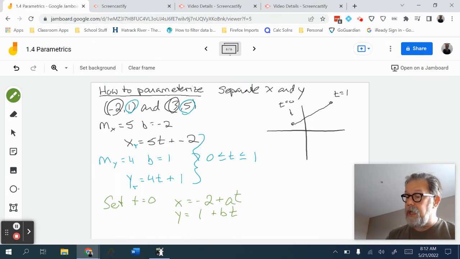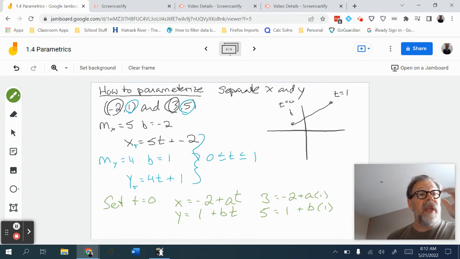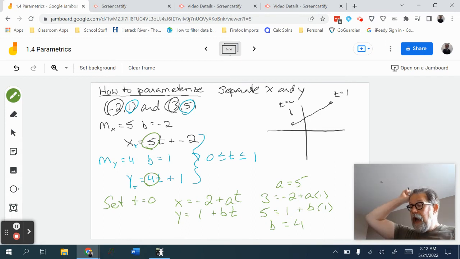And since we want this line to go through 3, 5, then we get 3 is equal to -2 plus a times 1, and 5 is equal to 1 plus b times 1. Notice that we get b equal to 4, a equal to 5, and if we go back to the equations that I originally wrote, a is 5, b is 4. So different strategies for looking at this.